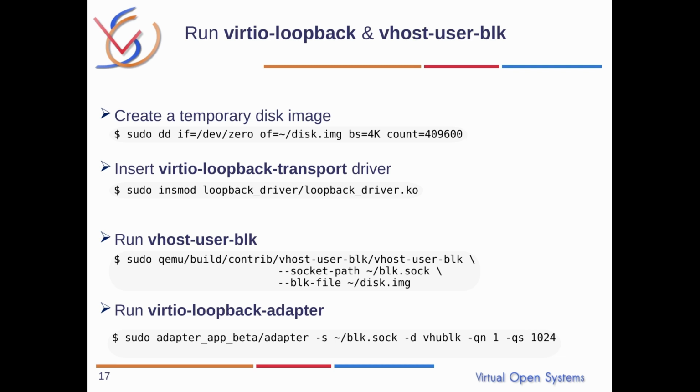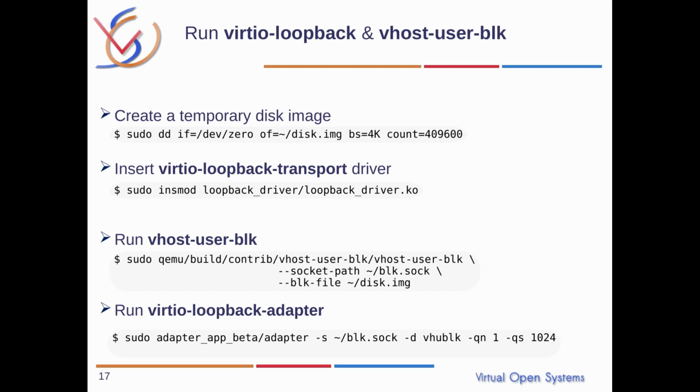To run the vhost-user BLK demo, we first need to create a new temporary disk image using the dd command. We chose a block size of 4 kilobytes and 400,000 blocks. After that, we insert the loopback driver and run vhost-user BLK by providing the socket path and a block source file, which is the previously created disk image.